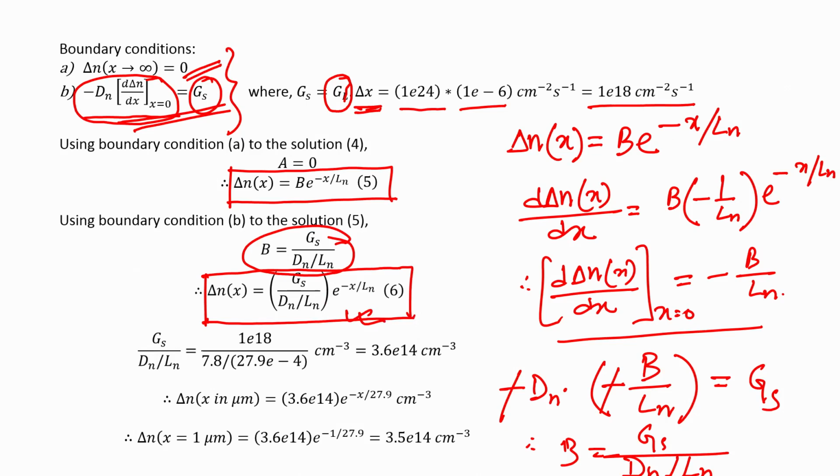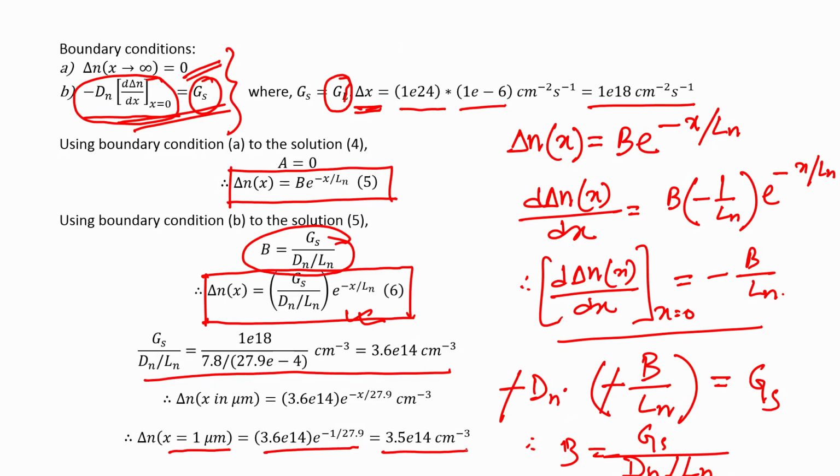Now, you just plug in the numbers, Gs by Dn Ln you can directly find from the previously calculated values of Dn, Ln and Gs. x is given as 1 micrometer, so you have to find the excess electron concentration at 1 micrometer. You plug in that number here and you will find the excess electron concentration at x equal to 1 micrometer.